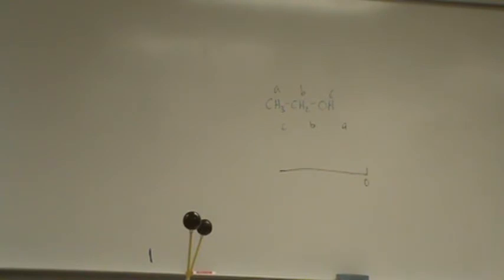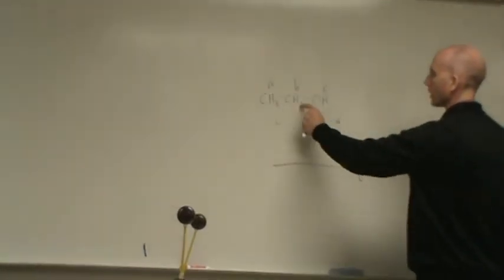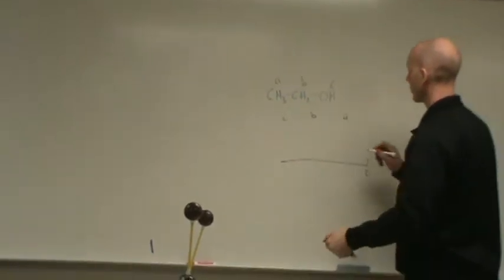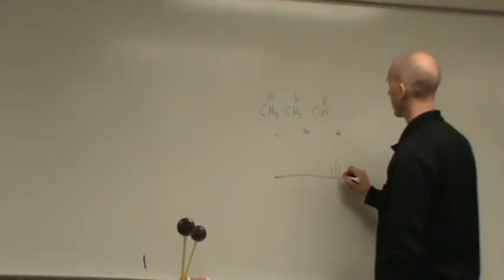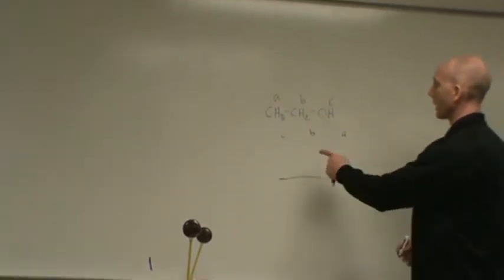Okay. So now, what will the splitting look like? Let's do A first. What will A look like? Triplet. Okay, because next door are two hydrogens. What will B look like?